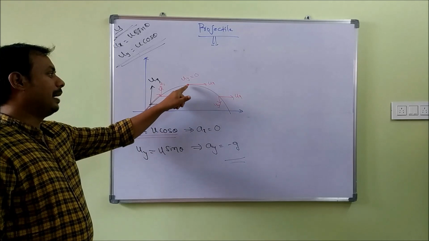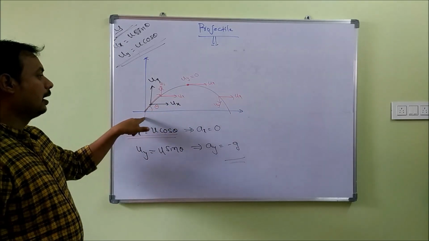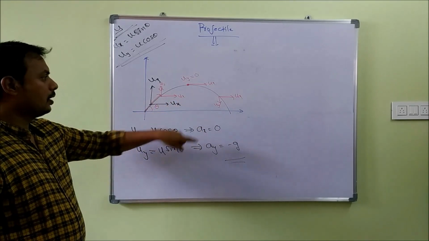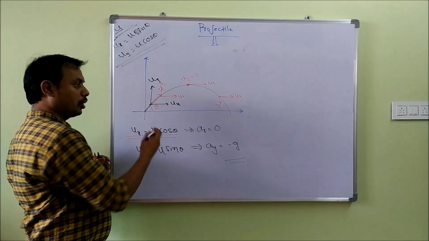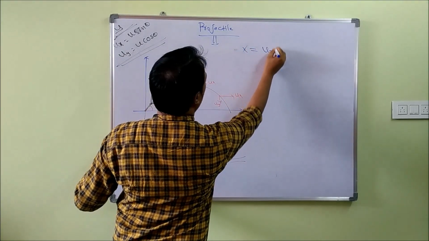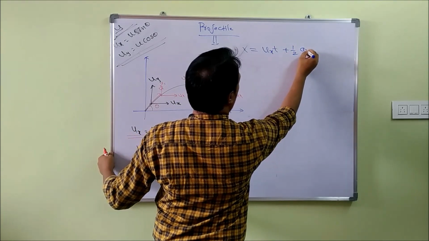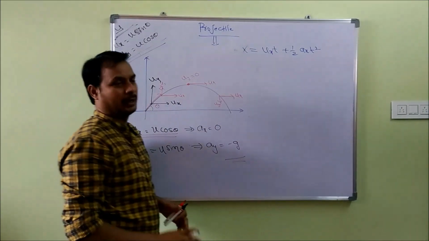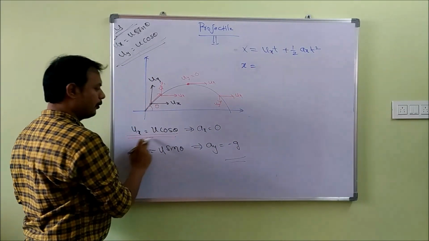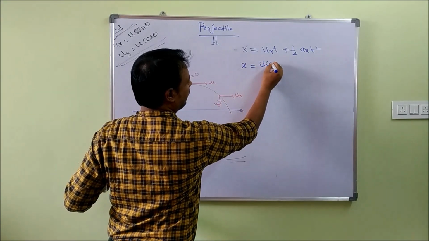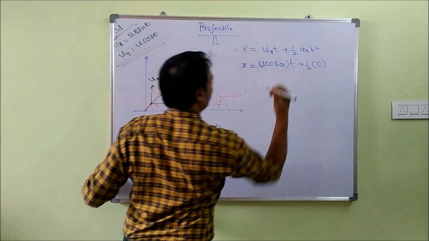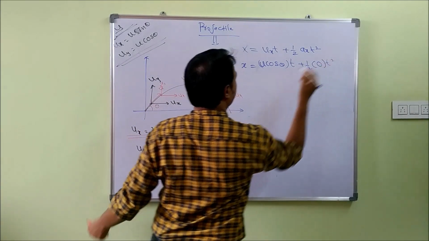I am calculating the maximum height reached by the projectile, the range, which is the horizontal distance, and the time of flight. So applying the second equation of motion along the x-axis: x equals uxt plus half ax t square. So x equals ux, and the value of ux is u cos theta, into t plus half ax, which is 0, into t square.